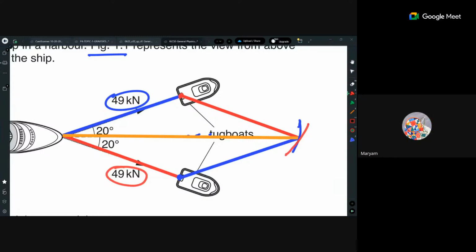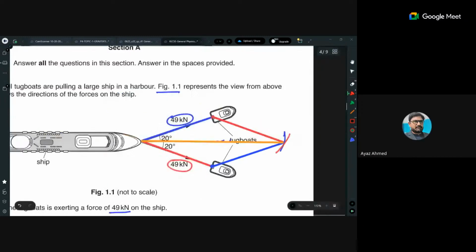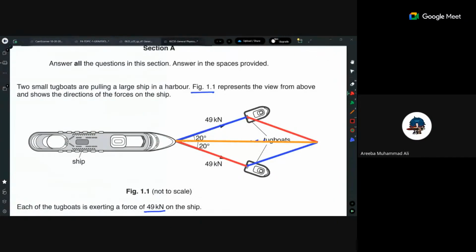Oh, okay. So draw the arcs, place it together, and then calculate the distance using the ruler. Yes. Draw the arc, then put the replicas, complete the parallelogram.